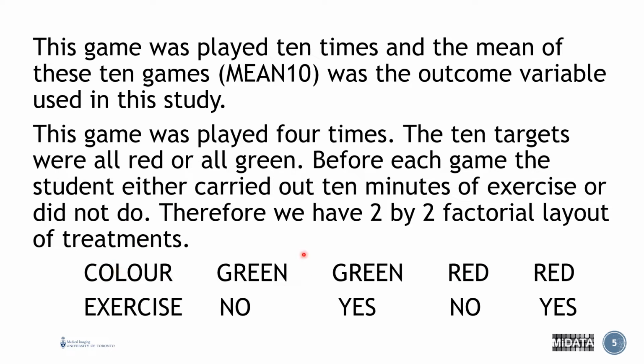So by color, you have green, these two, red, these two, but within green, you'd have no exercise before, yes exercise before, and within red, you'd have no exercise and yes exercise before they would play the game.